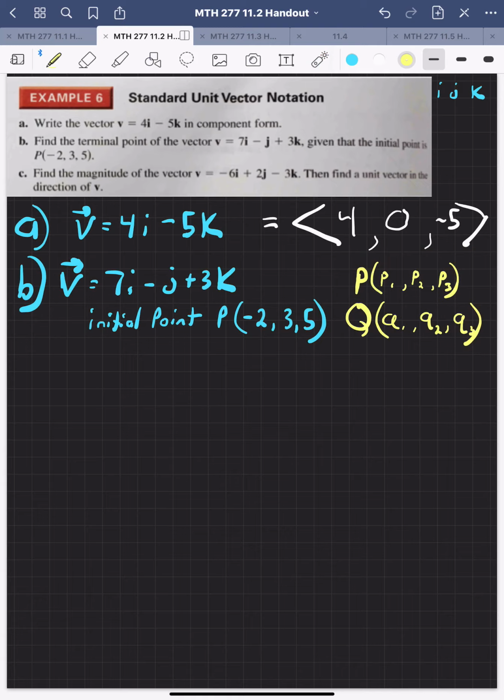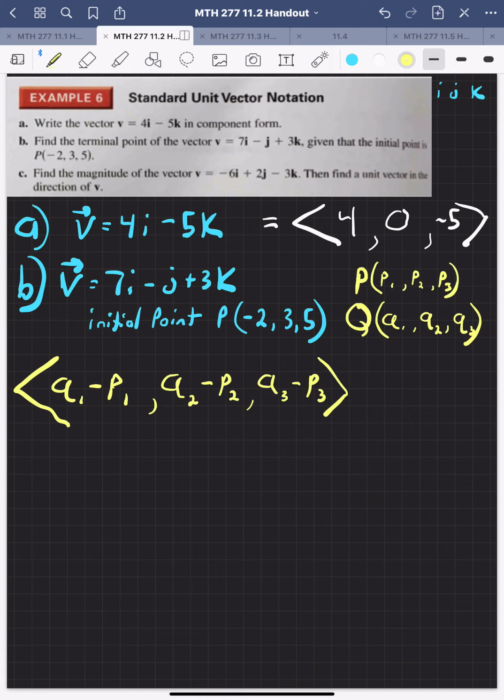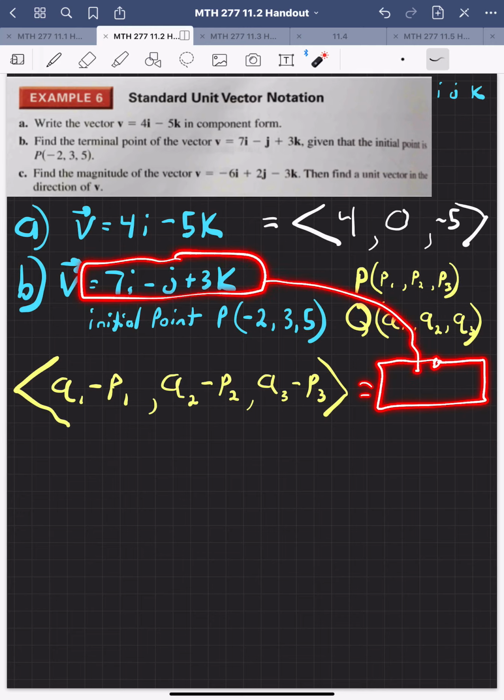It would just be a matter of doing Q sub 1 minus P sub 1, comma, Q sub 2 minus P sub 2, comma, Q sub 3 minus P sub 3. And then this would equal the vector in component form. Only now we actually have the vector. So we'll know what this is equal to.